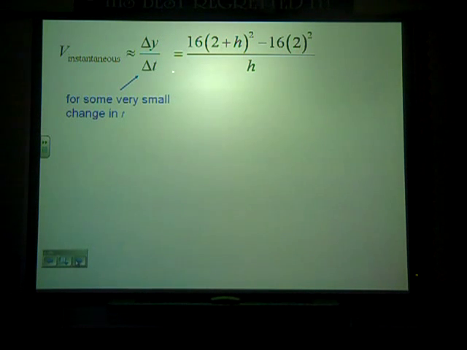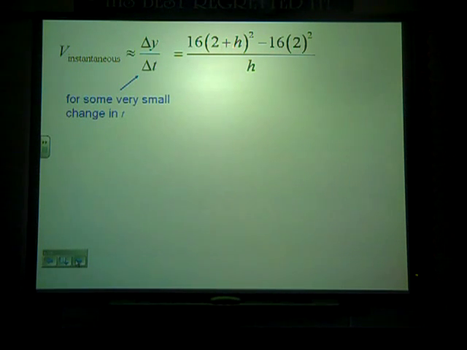But think about this change in time. If we want to look right at 2 seconds, we're going to look at 2 seconds plus some very, very small bit of time beyond 2 seconds. Because you know when we're looking for that slope or that velocity, that change, we need to have two numbers to subtract. So we'll look at a very small change, which is going to give us 16t squared.